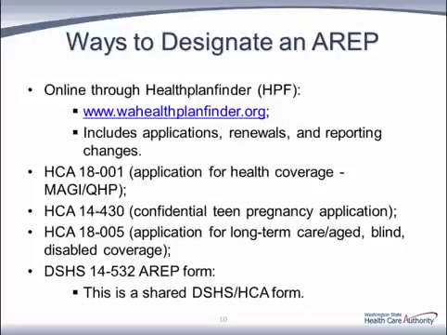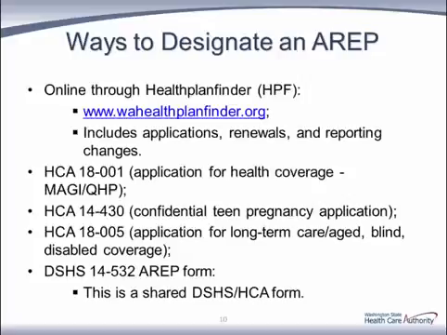Using the HCA 18001 application for healthcare coverage for MAGI and qualified health plan coverage, HCA 14-430 paper application for confidential teen pregnancy coverage, HCA 18005 application for long-term care, aged, blind, disabled coverage, and the DSHS 14-532 Authorized Representative Form, which is a shared DSHS Healthcare Authority form.